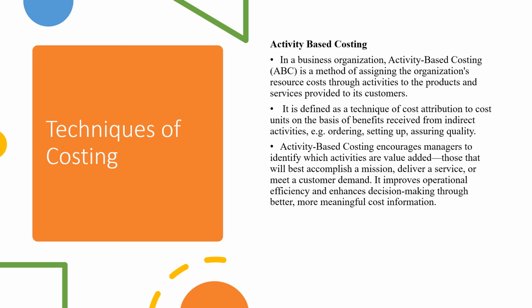It is defined as a technique of cost attribution to cost units on the basis of benefits received from indirect activities. Example, ordering, setting up, assuring quality, etc. So on the basis of benefits received from each, the costs are attributed.